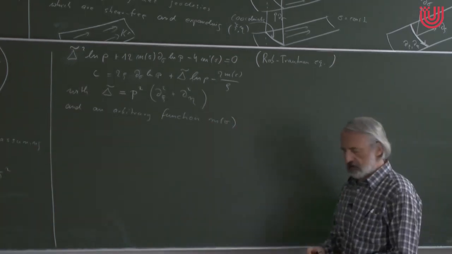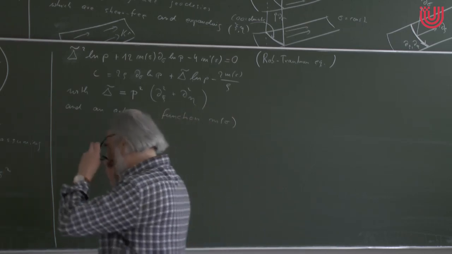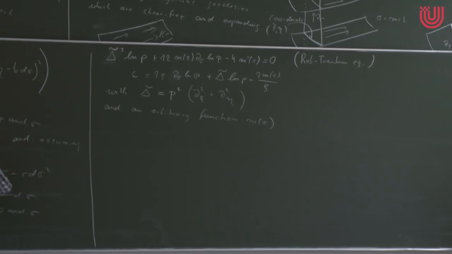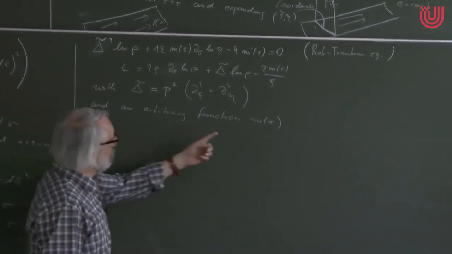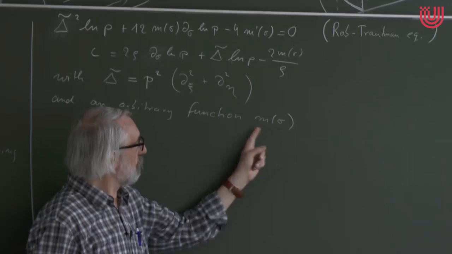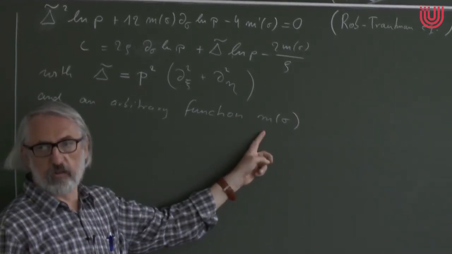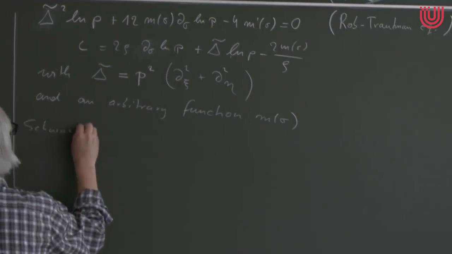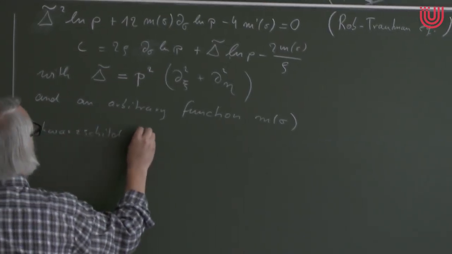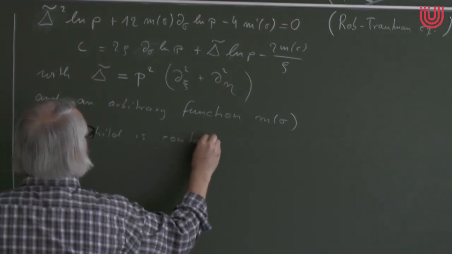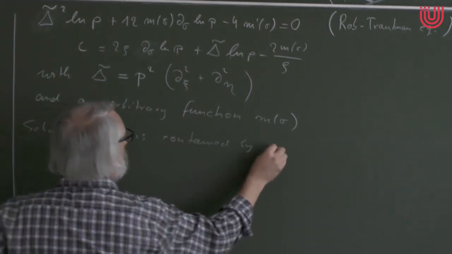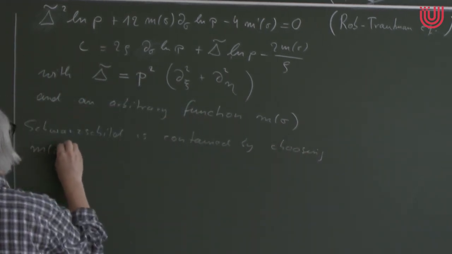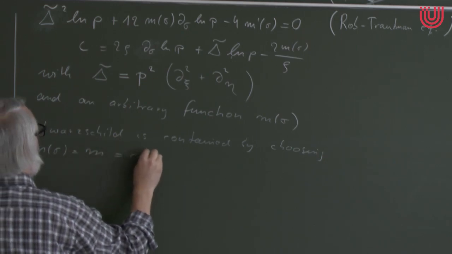And let me just point out by which choice of m and by which solution P you get Schwarzschild. Well, the reason why this is called the mass function is that for the Schwarzschild case, m of sigma is just a constant mass. So Schwarzschild is contained by choosing m of sigma equal constant.